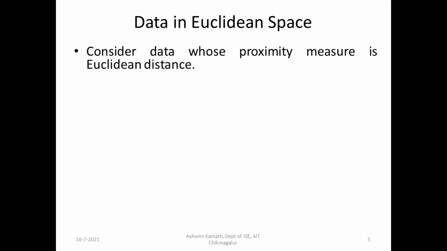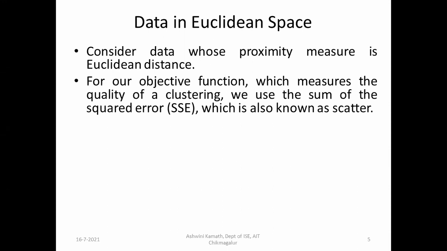For our objective function, which measures the quality of clustering, we have to use the sum of squared error, SSE, which is also known as scatter. This is the proximity measure we are going to use, and this is the objective function.